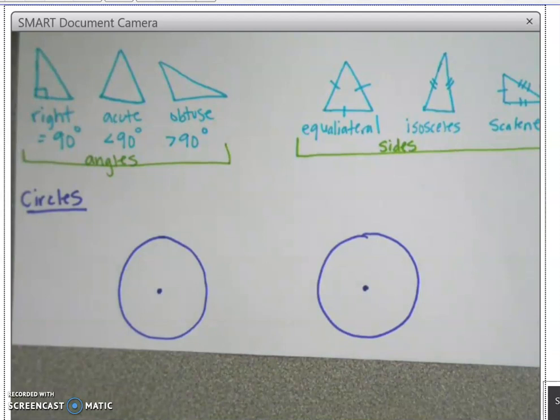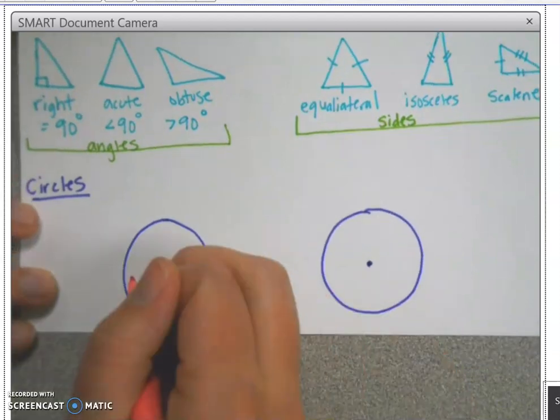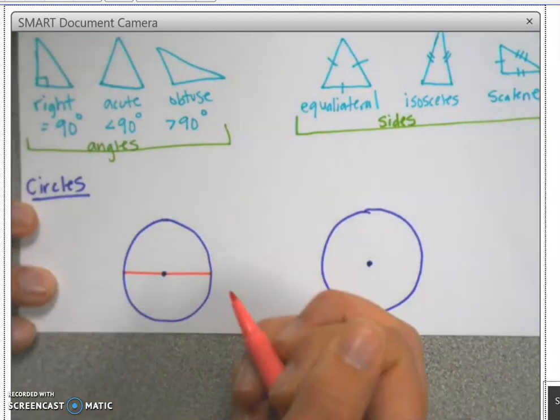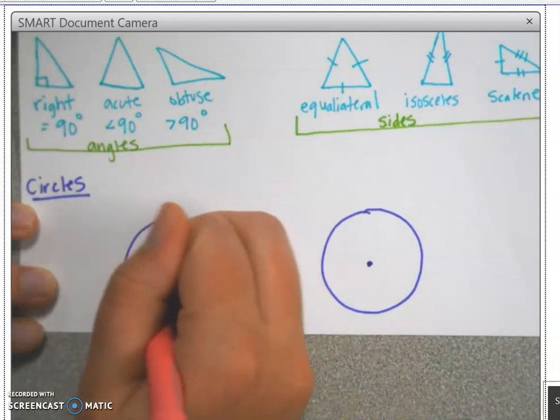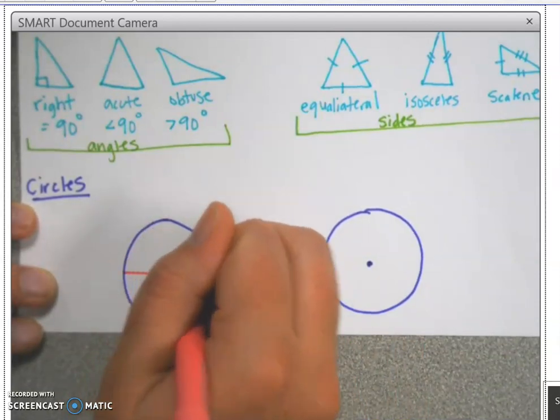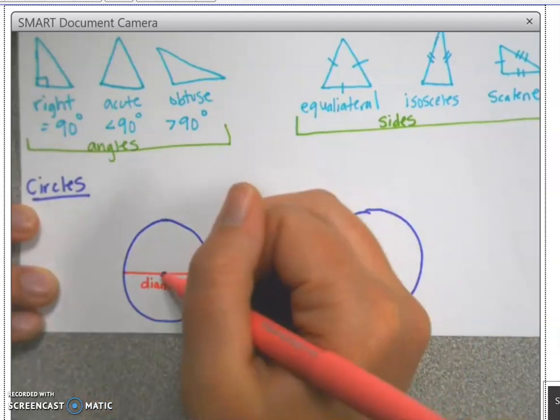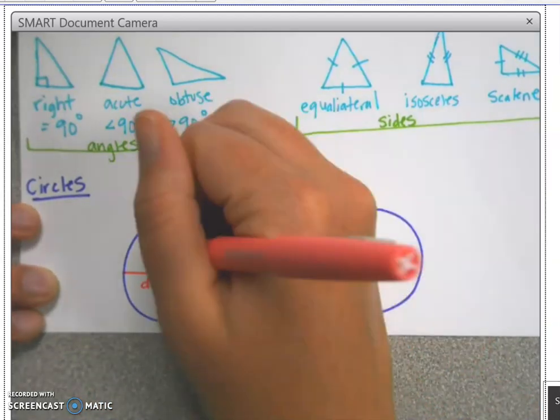So a line cutting through the center goes all the way to each end of the circle. This is called a diameter. If it only goes from the center to the outside like this, it is a radius.